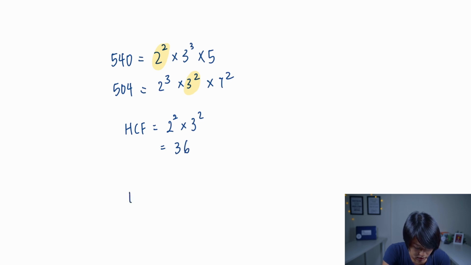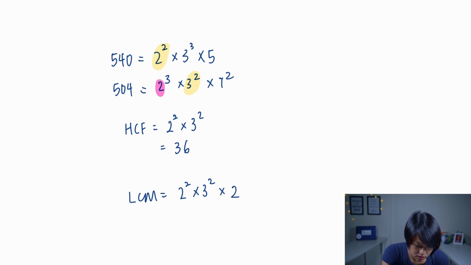For LCM, remember, it's the same as the previous part: 2 square times 3 square, but you need to take the remaining prime factors. You need to take another 2, because this is your remaining prime factor.